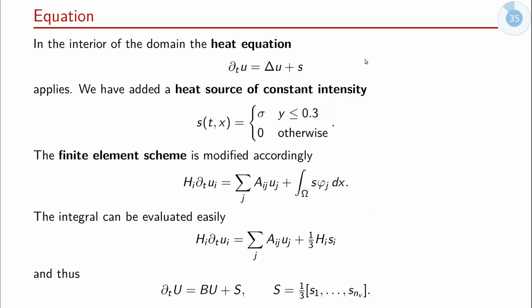All right, so if we want to do the simulation, then we still have to modify the equation quite a bit. And so the first thing that we need to do here is that we add a source term. So far we have only considered the heat equation without any source term, but in this example we need something that generates heat, okay?